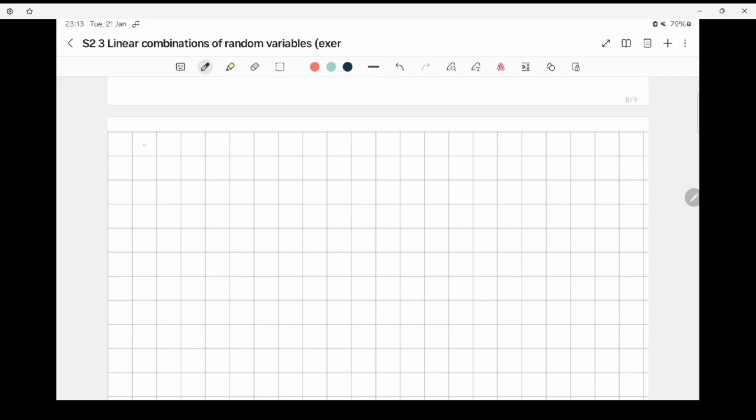So, let's say you are given E[X] equals mu x, and the variance of X is given by sigma x squared. Of course, I also need to define E[Y], so I will just use a subscript y, and the variance of Y will be given by sigma y squared.